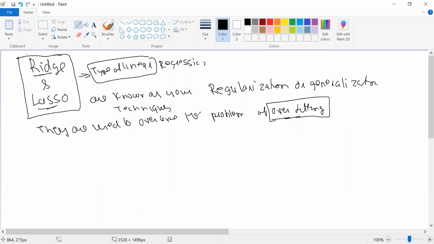And what is the actual problem related with overfitting? If the model overfits, what problem comes up? Small changes in X lead to large changes in Y. Okay, I also told you something else, high variance. An overfitted model needs frequent retraining and retuning.